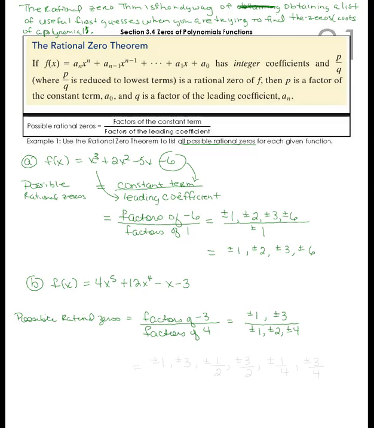So we have here, of course, plus or minus 1, plus or minus 3, plus or minus 1/2, plus or minus 3/2, plus or minus 1/4, and plus or minus 3/4. Okay, and we'll talk about this a little bit more next class.